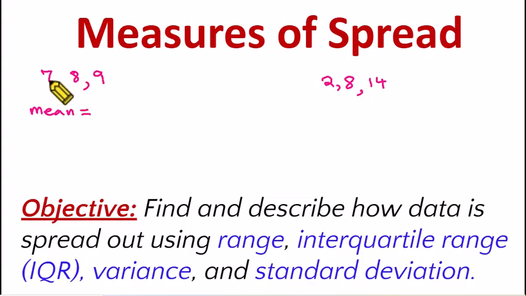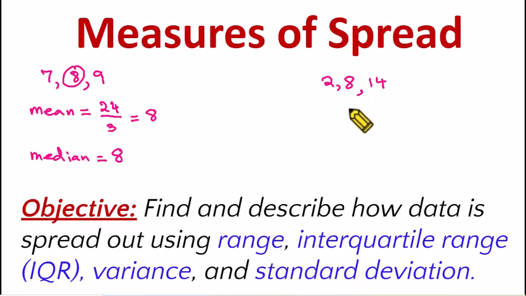So if we add 7 plus 8 plus 9, that's 24, divided by 3, because there are 3 numbers here, it's 8. So the mean of the first data set is 8. And then the median, which is the middle number, is of course 8. And we do not have a mode because no number is repeating more than other numbers.